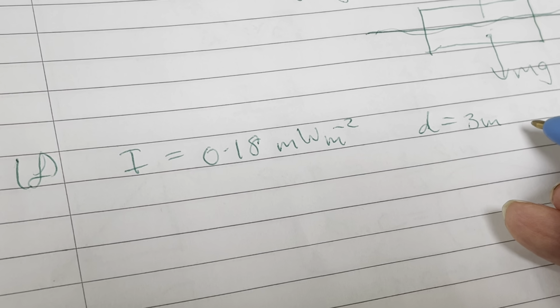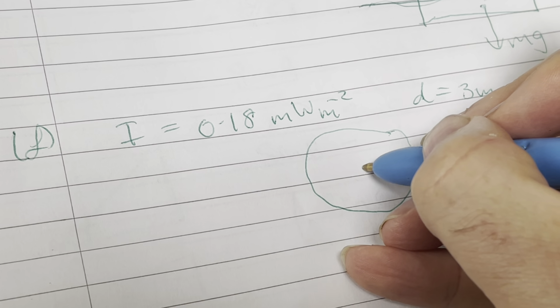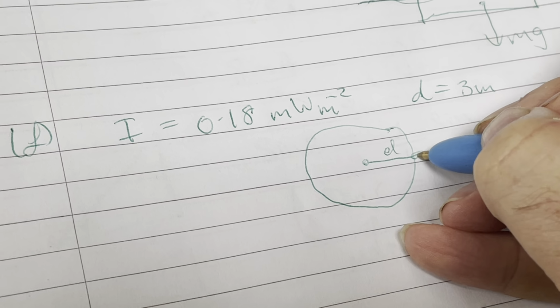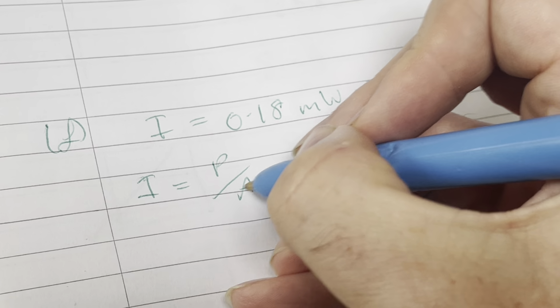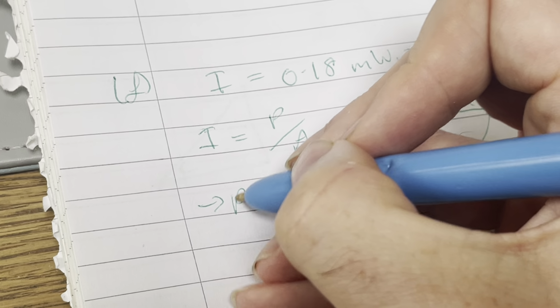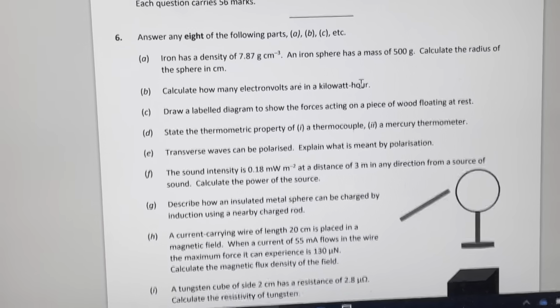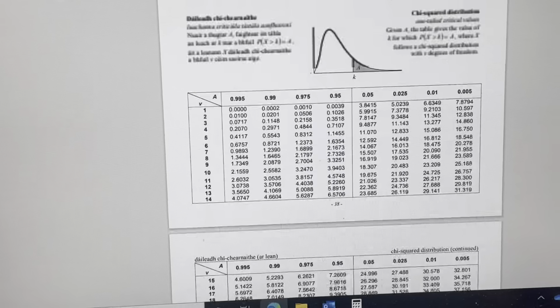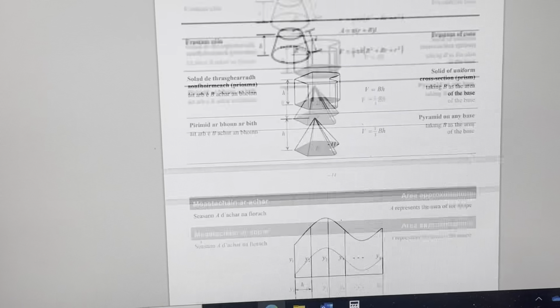Okay, so what is the area? The intensity is equal to power over the area. So the power is going to be equal to intensity, which we have, by the area, and the area of the surface of that sphere is given in the log tables in your area and volume section.